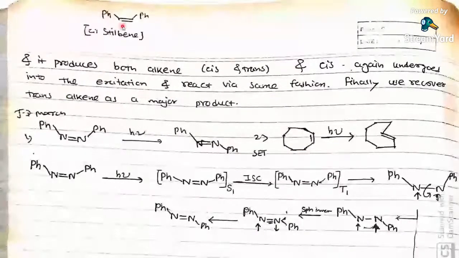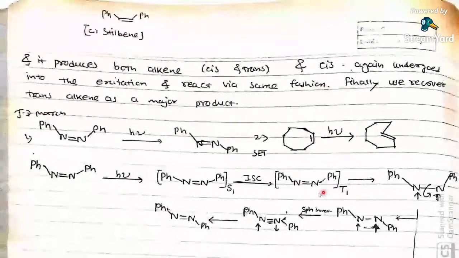So this is the cis stilbene structure which we have already studied, and it gives the product which is trans stilbene. Now this is a practice example where Ph, double bond, Ph: this is the cis reactant, and it will give you the trans product. You can see the mechanism will be, firstly, this will be in the S0 state. From the S0 state it will go to the S1 state. From S1, through intersystem crossing, it will reach the T1 state.